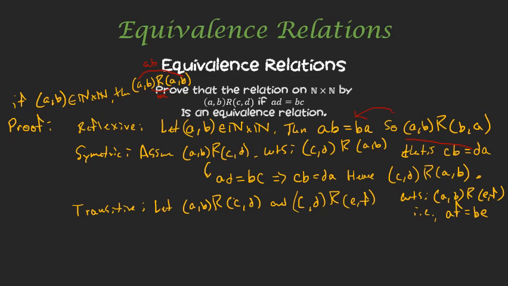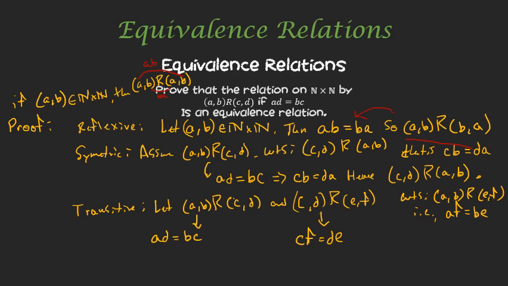What are we given? Well, that AB is related to CD. So what that tells us is that AD is equal to BC. And since CD is related to EF, we can conclude from that that CF equals DE. And so we're not quite there.